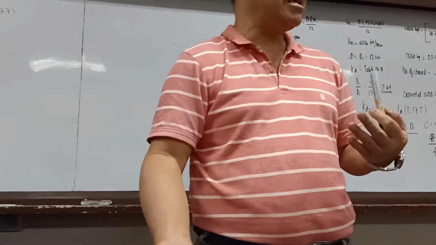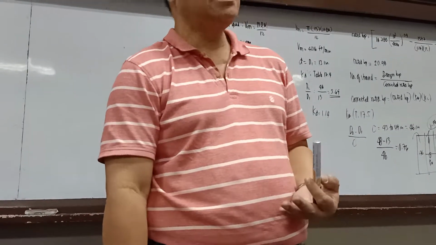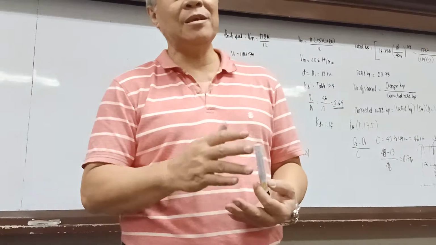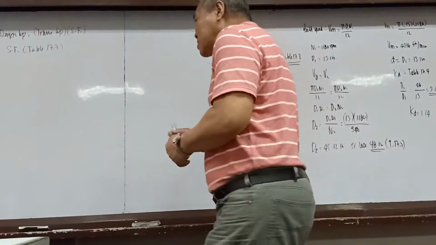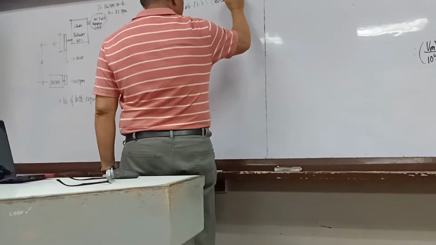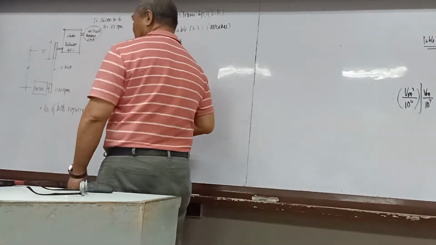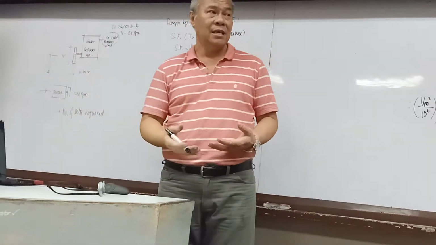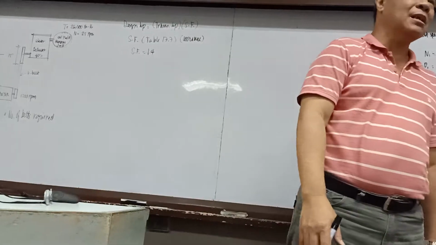You can take the average, or perhaps 1.4, the most common. So we assume that our SF is equivalent to 1.4. The problem does not state the type of service, so we do not need to add 0.2 or subtract 0.2.